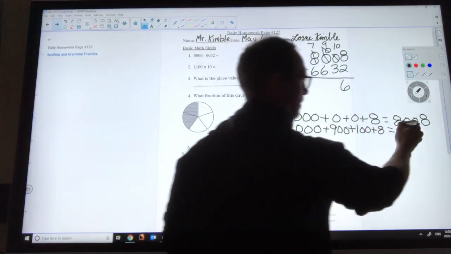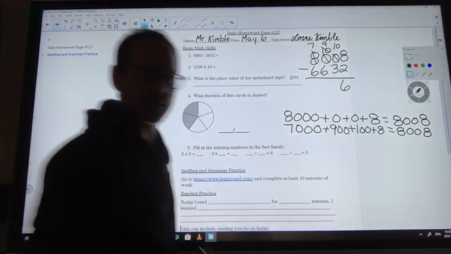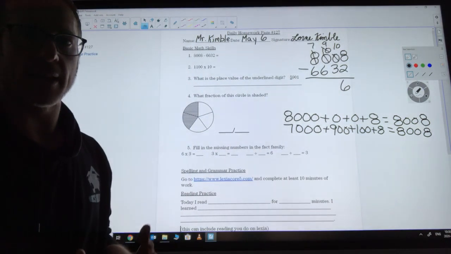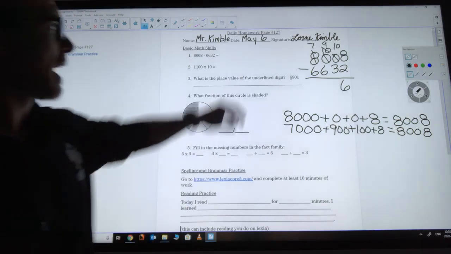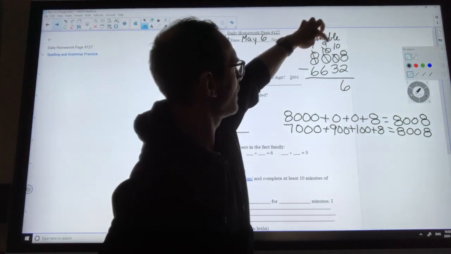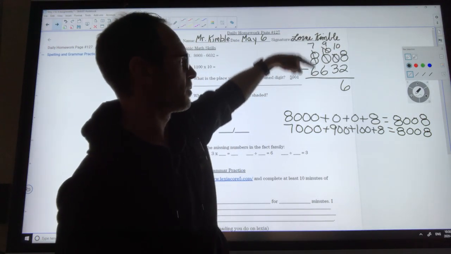This also adds up to 8,008. So I haven't changed the number outside of just redistributed where the numbers were. So now I have 7,900, 108. I'm going to use that to subtract.